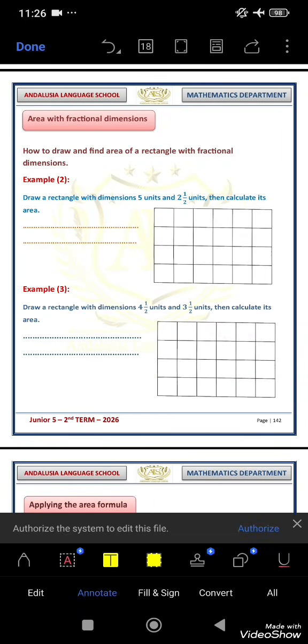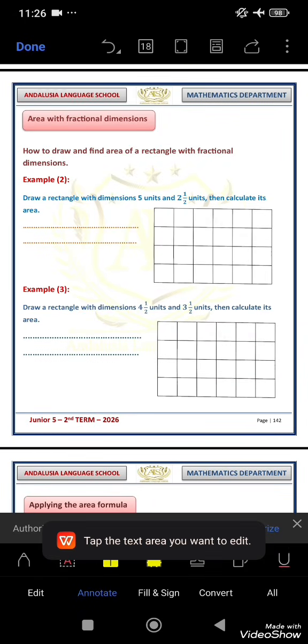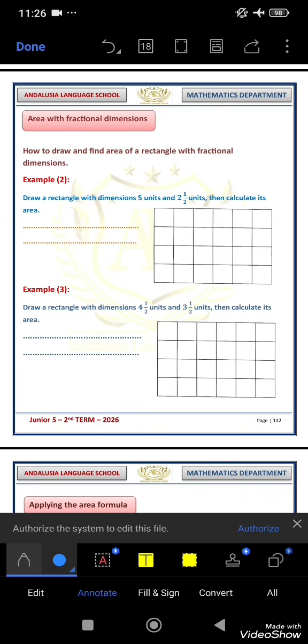Okay, page 142. Draw a rectangle with dimensions 5 units and 2.5 units. Then calculate its area. Okay, 5: 1, 2, 3, 4, and 2.5.